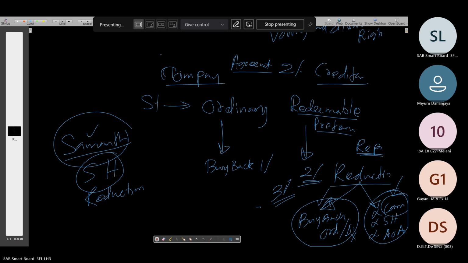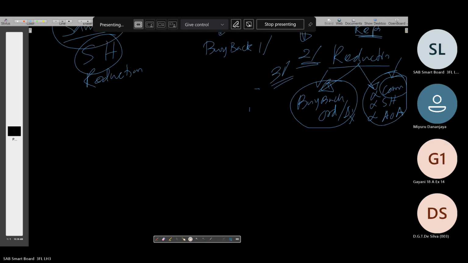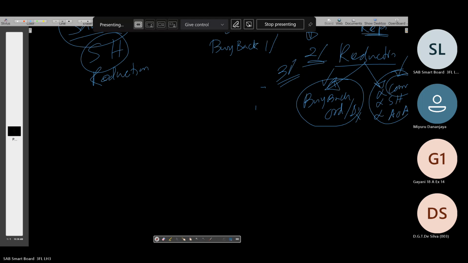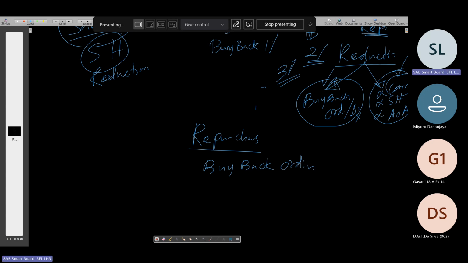Repurchase means buying back ordinary shares. No irredeemable preference shares here.